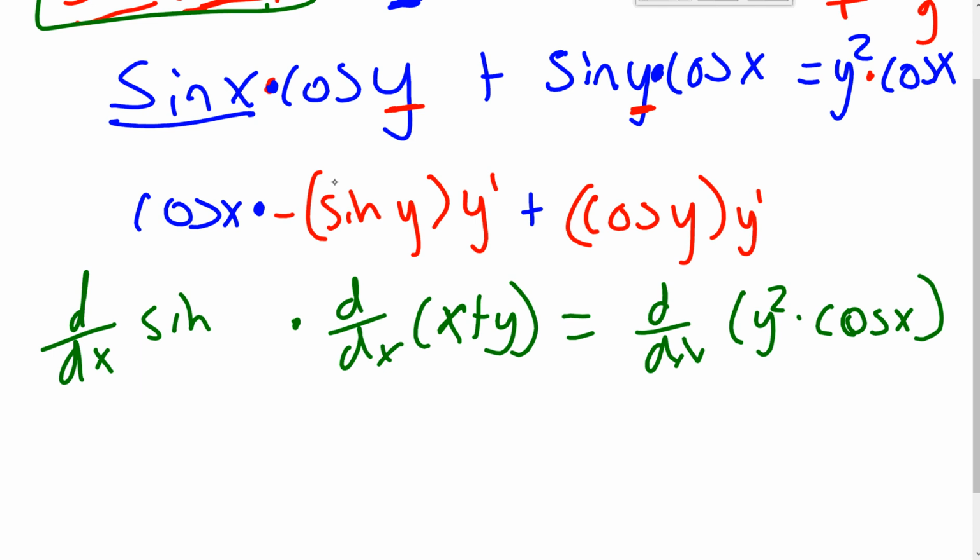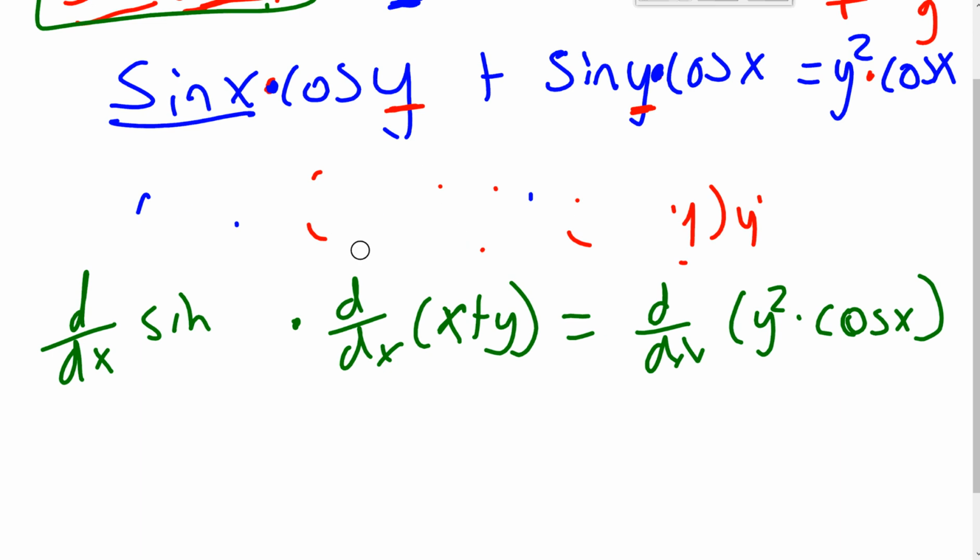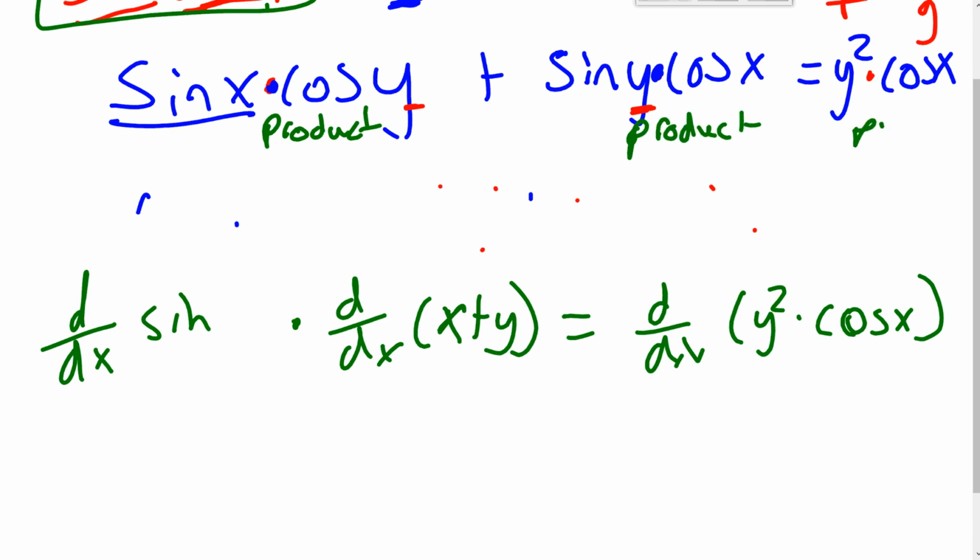So I'm not quite done. This one's probably just going to be a mess. It's going to take up a lot of room. So maybe that's not the way to go on that one. You still can go that way, but here you have to have three products, right? So I have a product here, and I have a product here, and a product here.